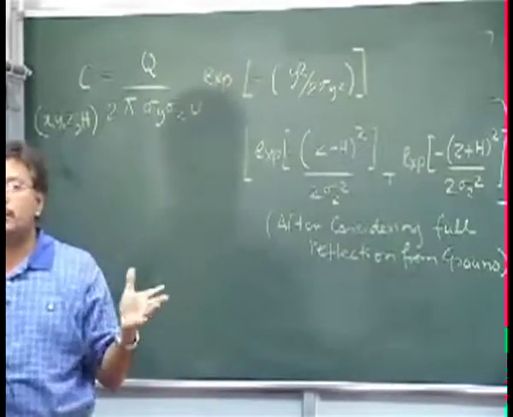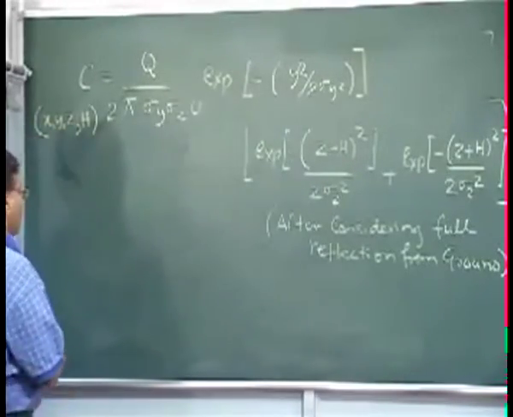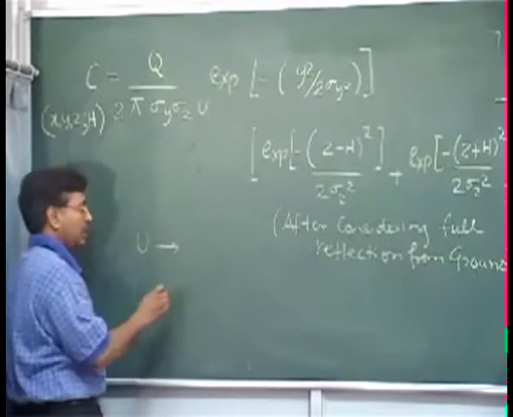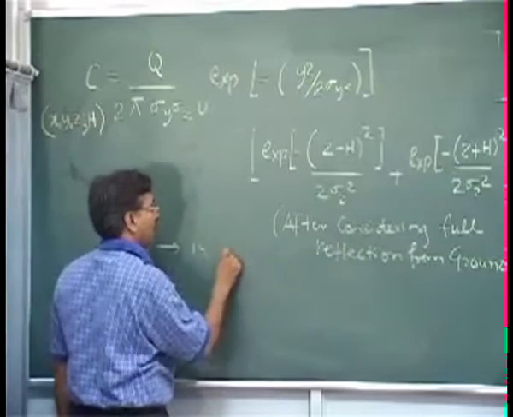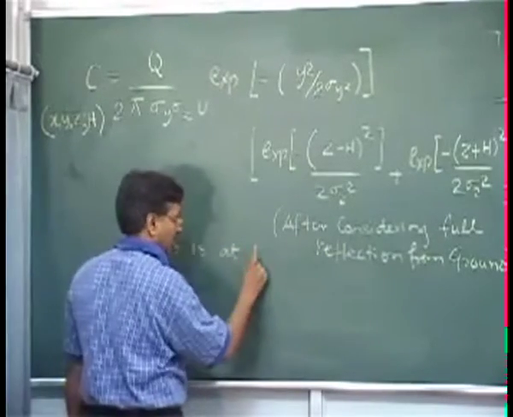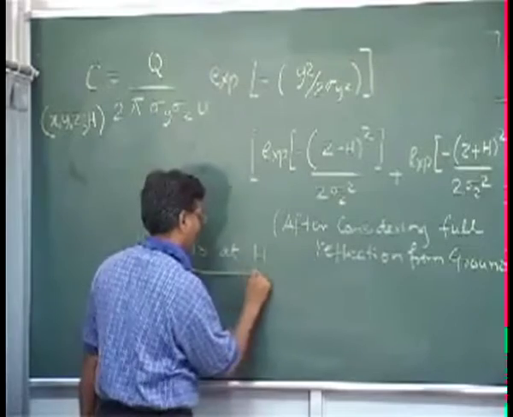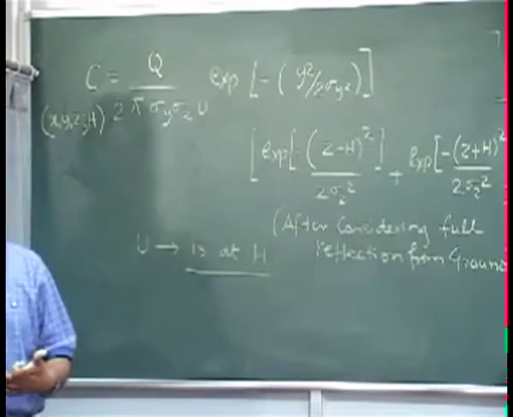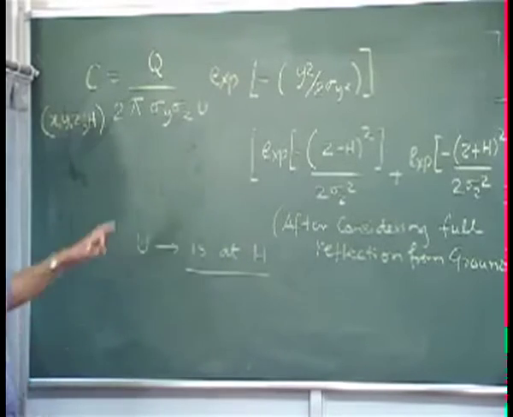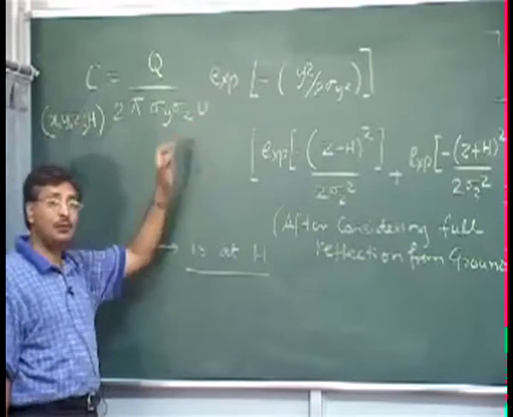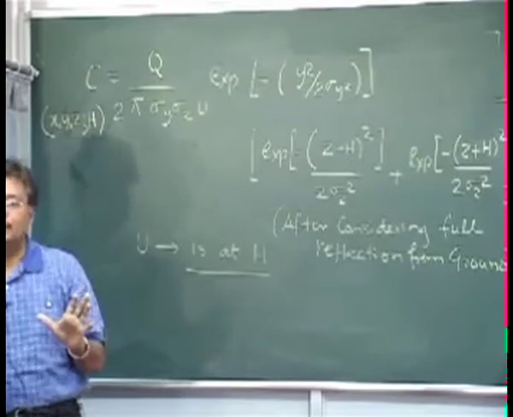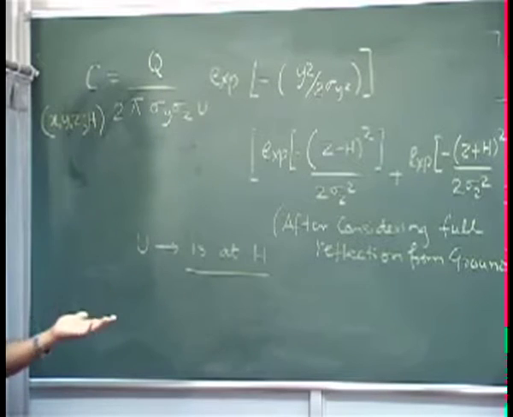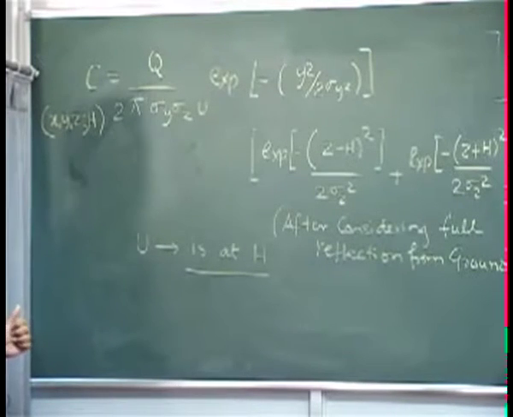Earlier we took this as ground level, so now you can make a note here: this u is at h. Earlier when the source was at the ground, u was at the ground level. This u is the mean wind speed affecting the plume. Where is my plume? My plume is at H, so my u should also be at H.